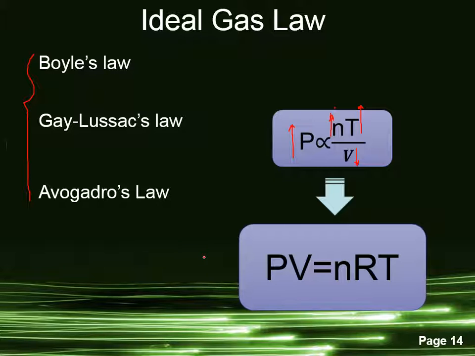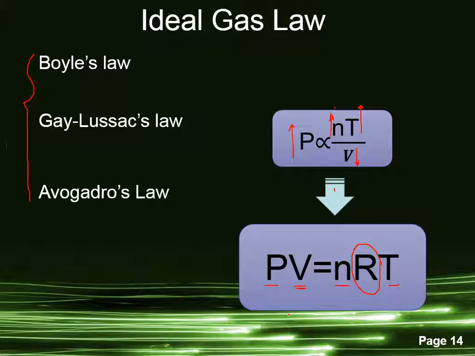If we put all of these laws together, we can see pressure is directly related to the temperature and number of moles, and inversely related to the volume. We can convert this relation to a formula by adding a constant we call R, and that will give us PV equals nRT.